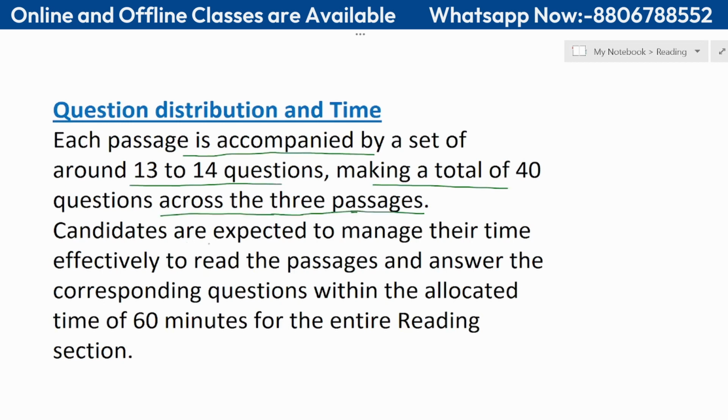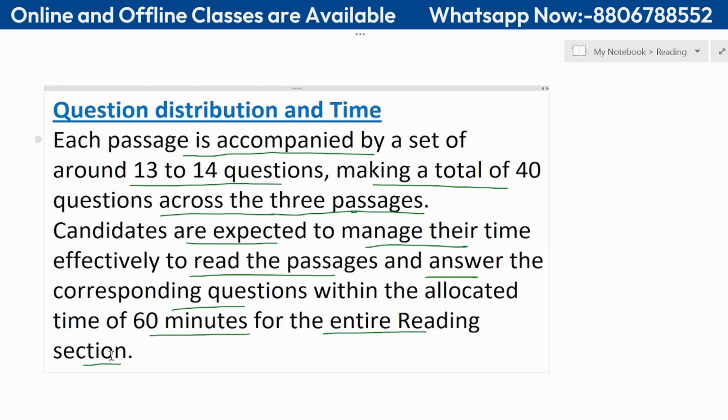The candidates are expected to manage their time effectively to read the passages and answer the corresponding questions within the allocated time of 60 minutes for the entire reading section. So you are allotted only 60 minutes, which is 1 hour, for the reading section. So you need to complete all 3 passages within that given time and answer all the 40 questions.